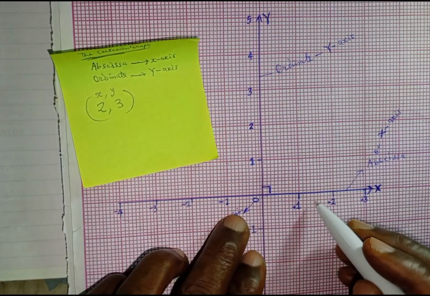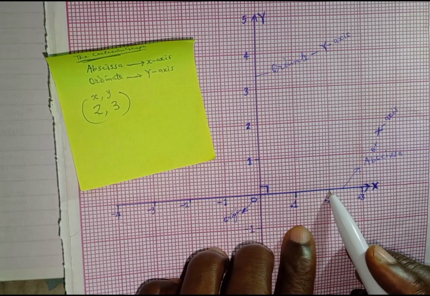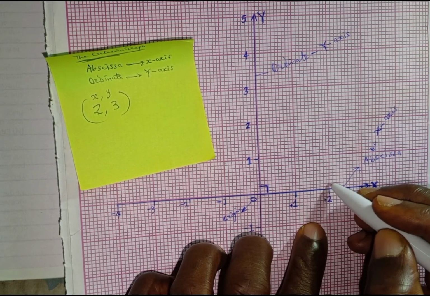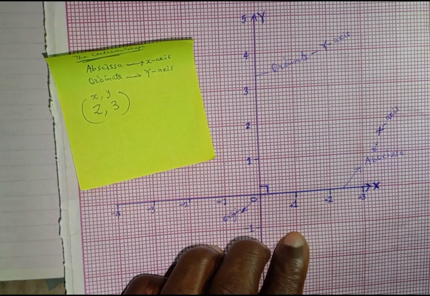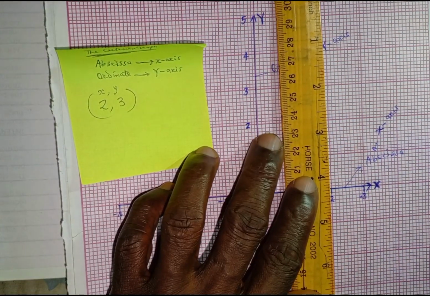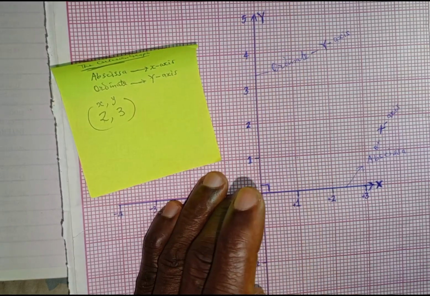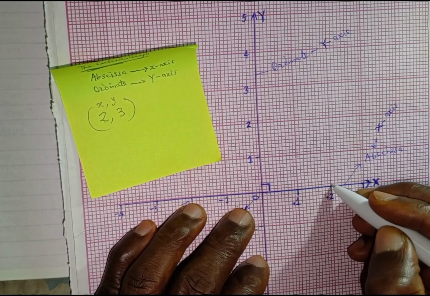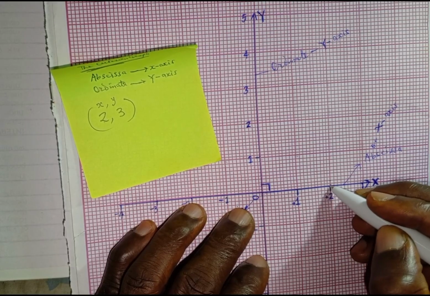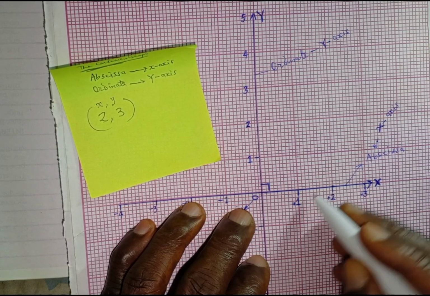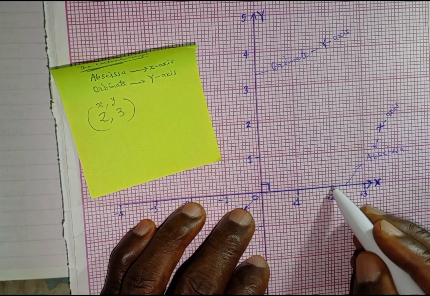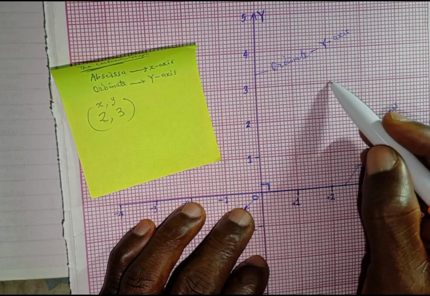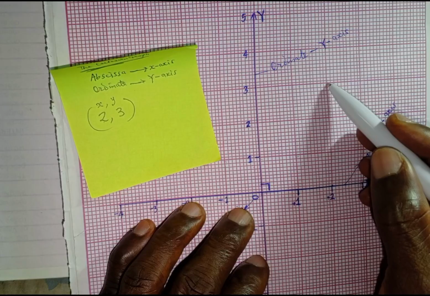Let us try this number, 2 and 3. On the x-axis, you have 2, so we can trace this number. You can use a ruler. Remember we said 2, so you start from here, connected to the origin. Then this one is 3 on the y-axis. You trace them, and they are going to meet somewhere around here.